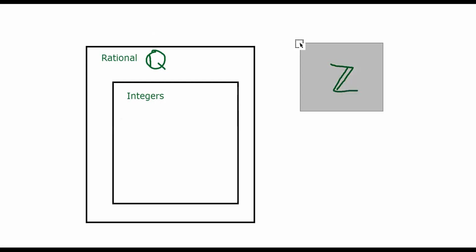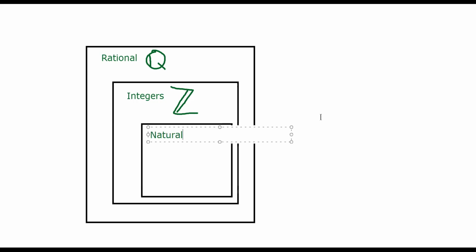There's like a weird Z. The integers, and then even inside that, we had another box that we called the natural numbers. Natural, and we used this symbol for those. There's like a weird N.